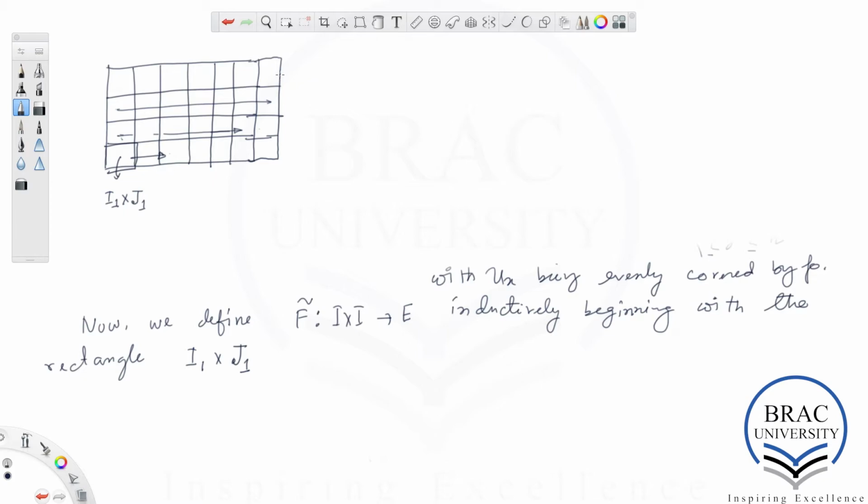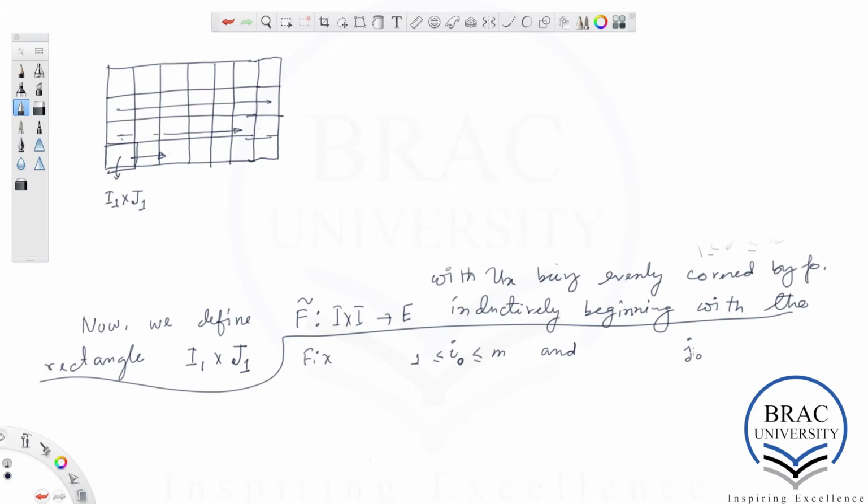Now the idea is to fix some integer i sub 0 between 1 and m, and another integer j sub 0 between 1 and n.